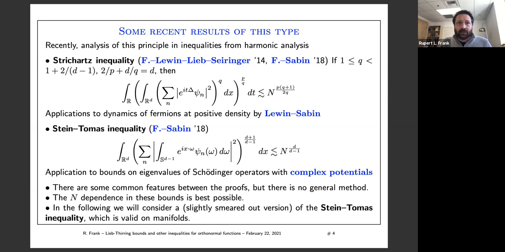All right, so let me summarize where we are. I've presented to you so far a couple of inequalities, which all have a similar flavor. There is also a somewhat similar flavor in the proofs, or more precisely, there's a certain proof technique.